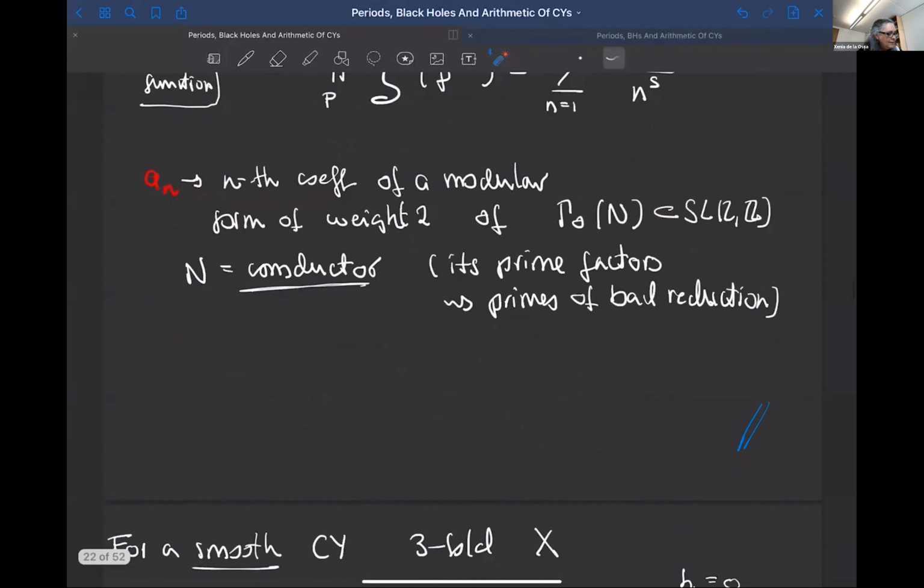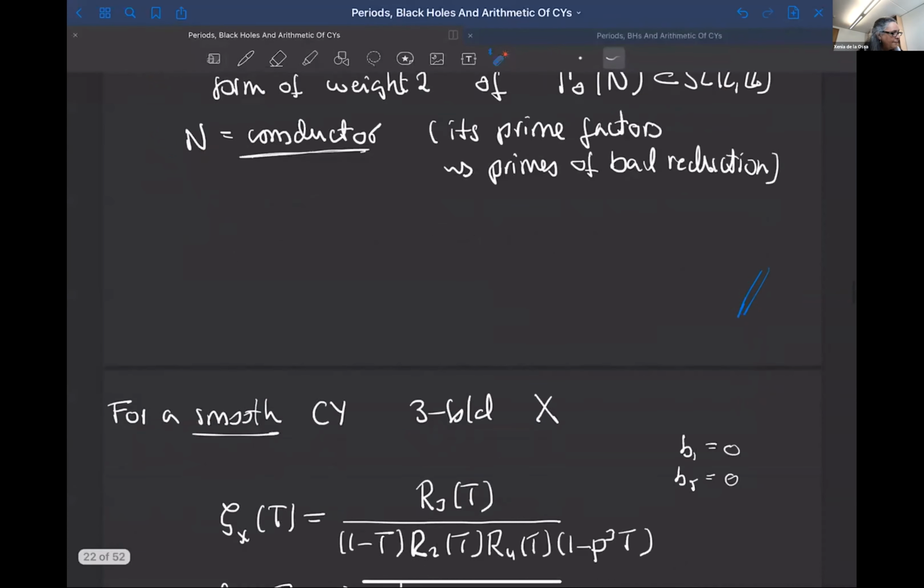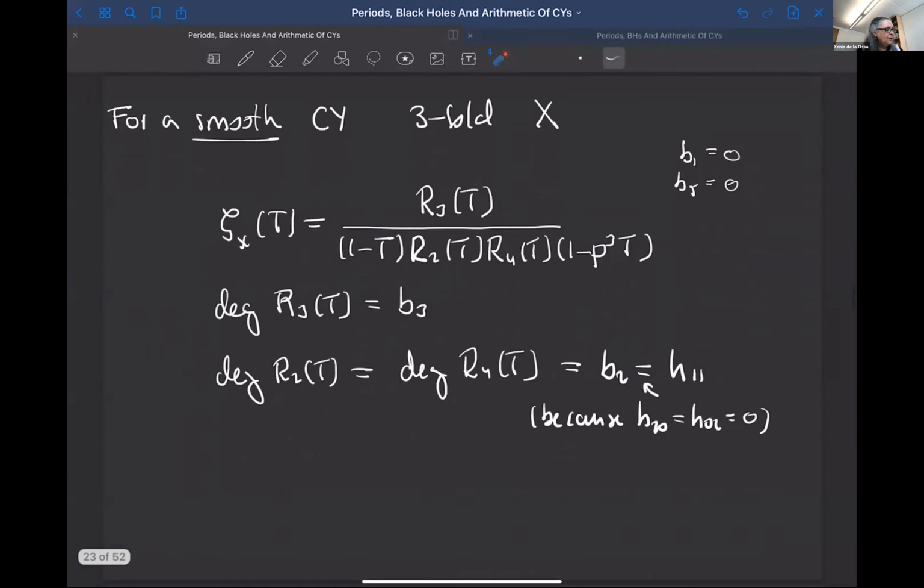So if one is working now with threefolds, what do you want to say? For threefolds, again, the Weil conjectures tell you that the zeta function has this form. So b1 is 0 and b5 is 0, so R1 here is 1 and R5 here is 1.